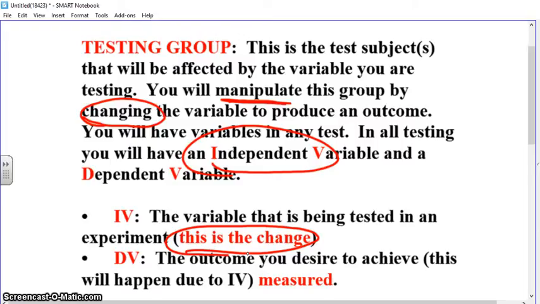All right, so the Reese's Peanut Butter Cup, okay? What is it that you were wanting to change?